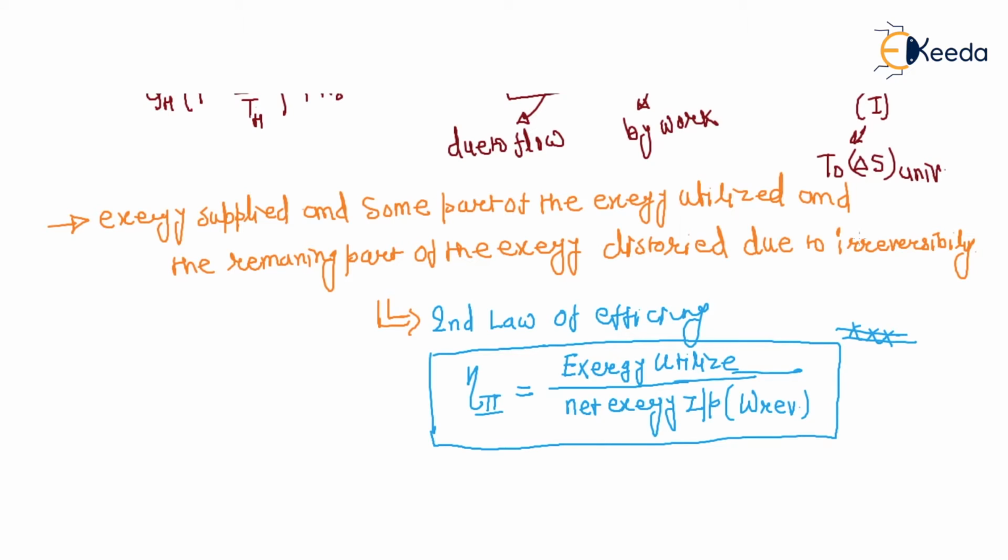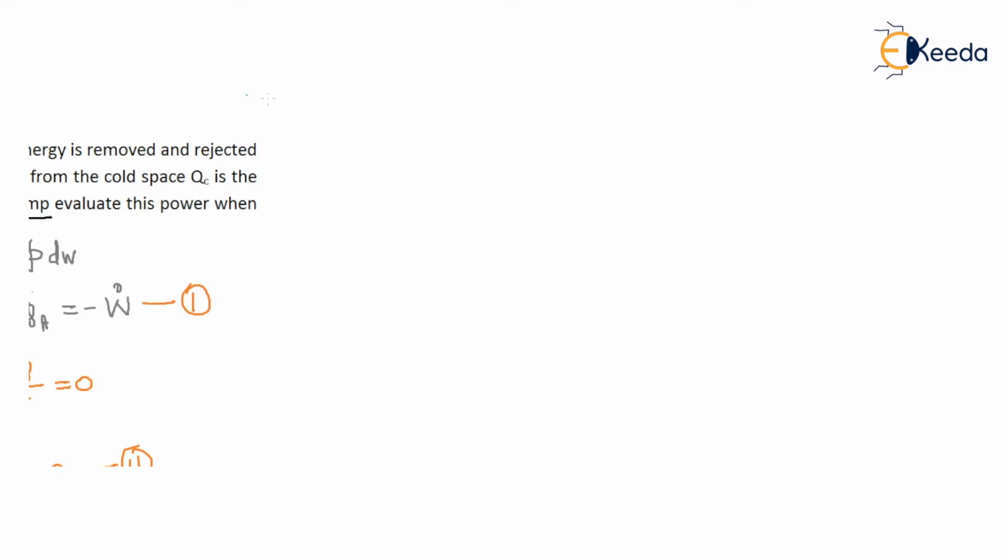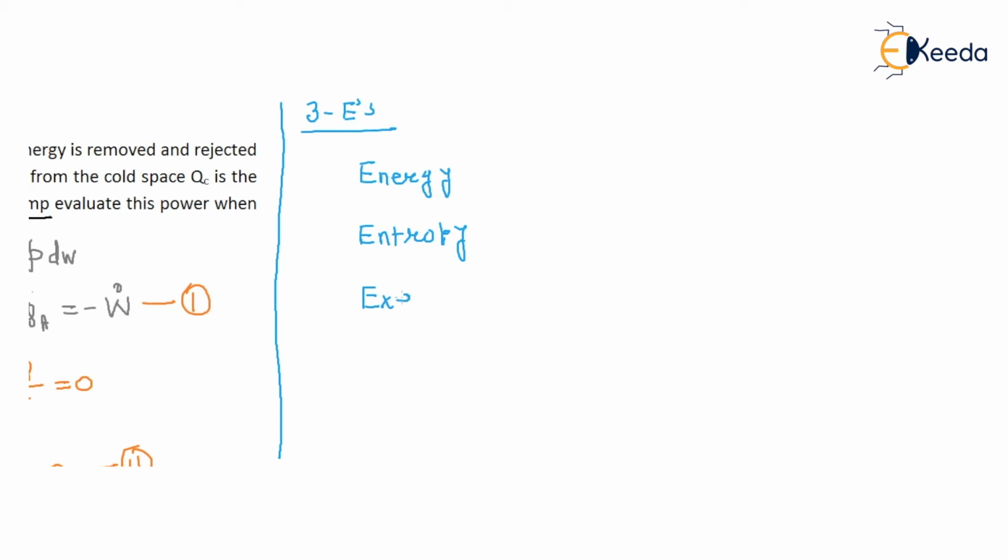The key point here is to always remember: energy is always conserved, neither created nor destroyed. But entropy is always created.